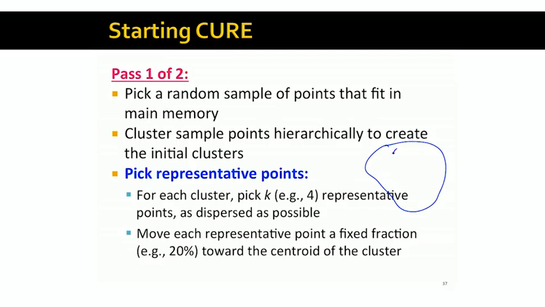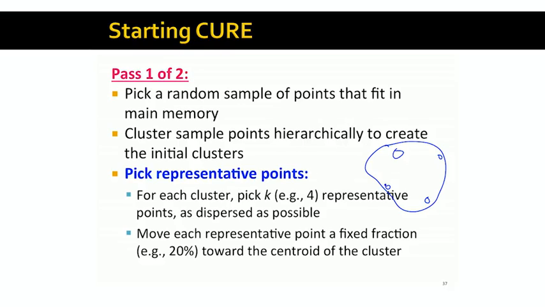So for example, if we find the first representative point there, we might want to find the second there, the third there, and the fourth there. So we have 4 points that are well distributed in the cluster, and they cover as much of the cluster's volume as possible.